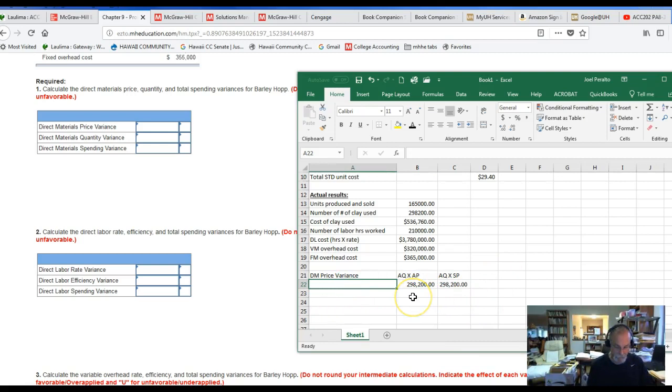And this is actual quantity, actual price, actual quantity, standard price.